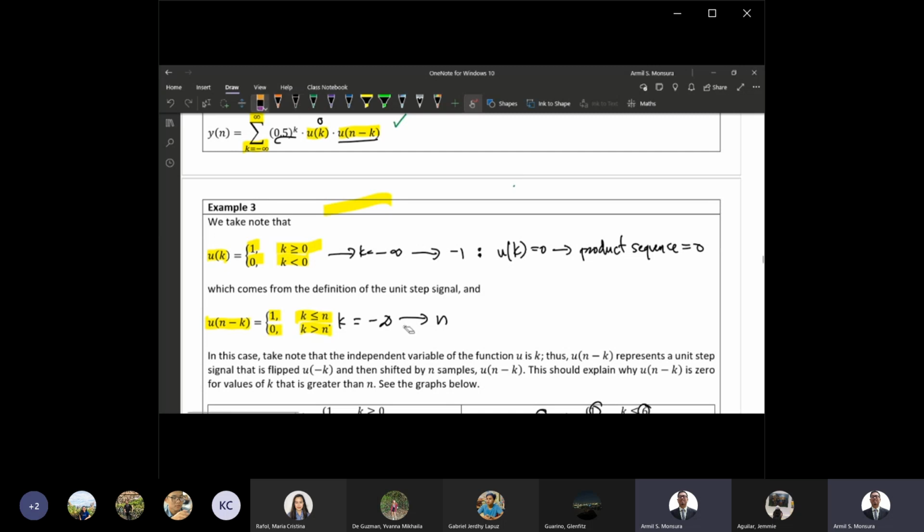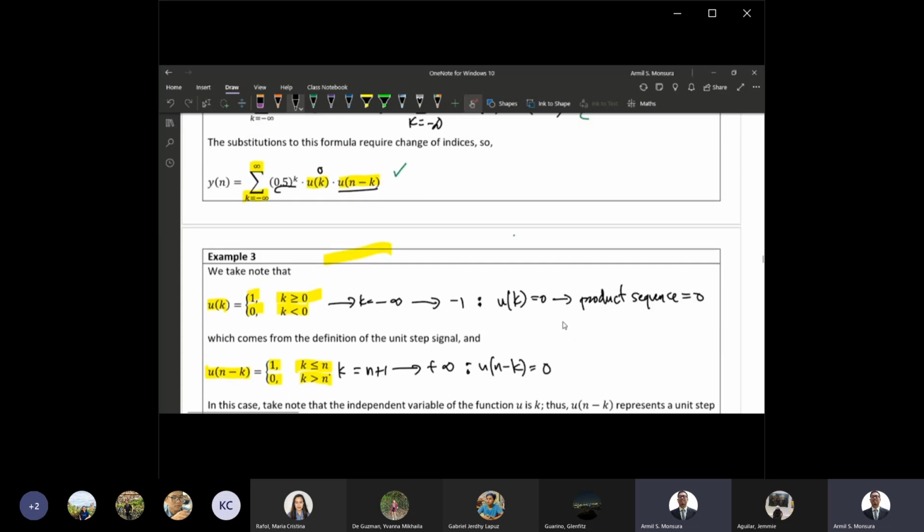And then, from n plus 1, ibig sabihin, lagpas ng n, hanggang positive infinity, ang value ng signal niyo ng U of n minus k, equal 0.